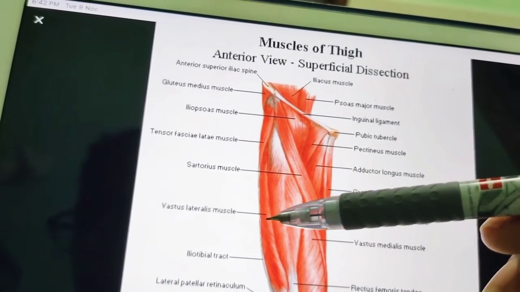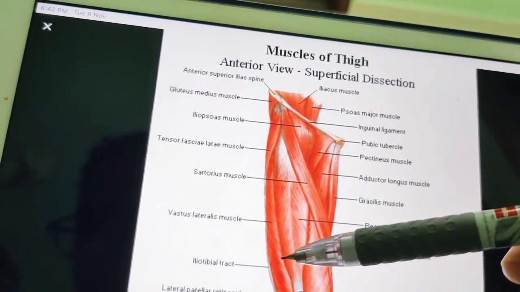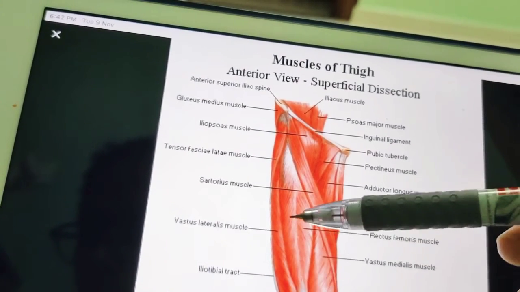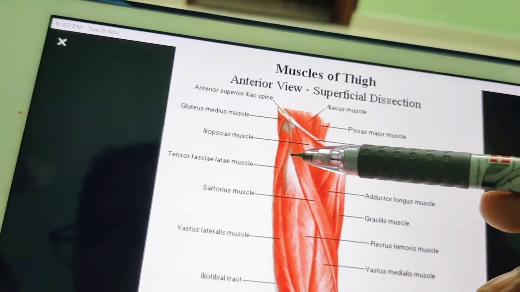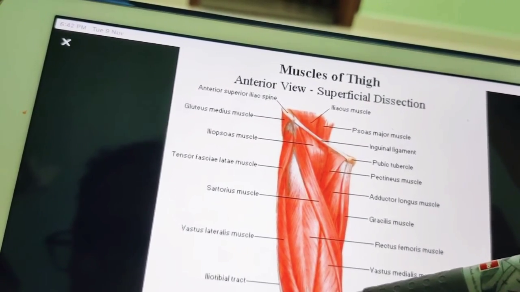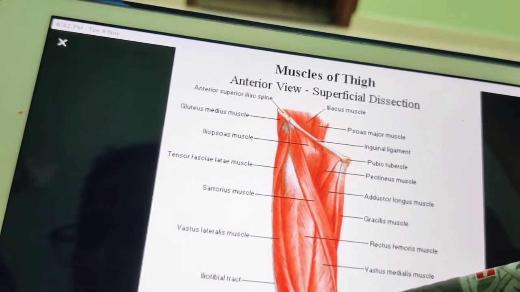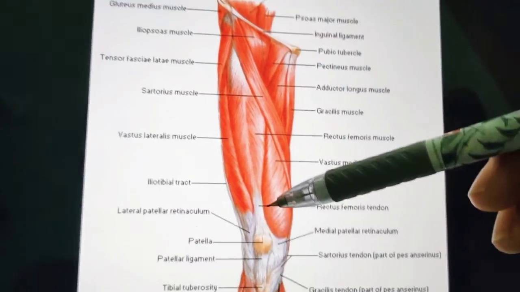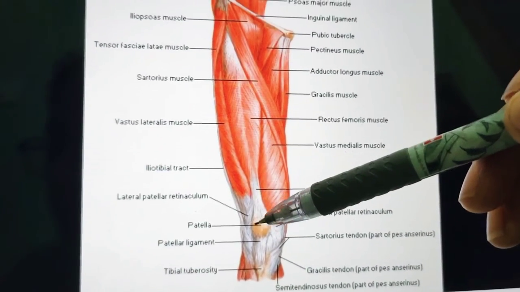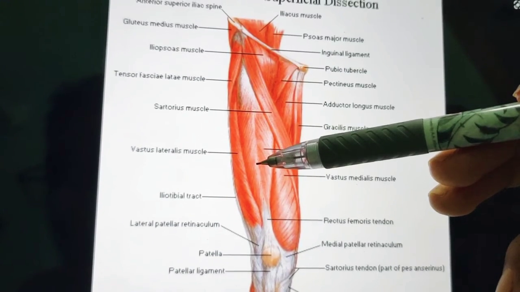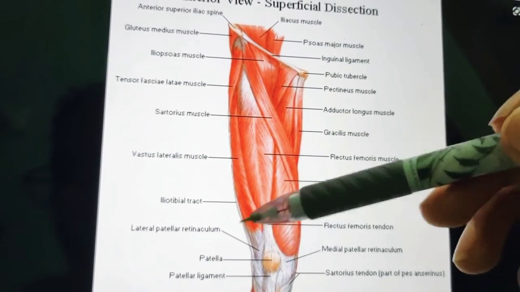Next, articularis genu consists of a few muscular strips that arise from the anterior surface of the shaft of the femur, a few centimeters above the patellar articular surface. They are mainly inserted into the upper part of the synovial membrane of the knee joint. They pull the synovial membrane upwards during extension of the knee, thus preventing damage to it.